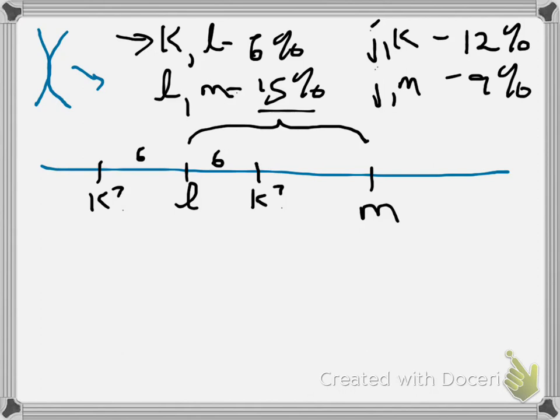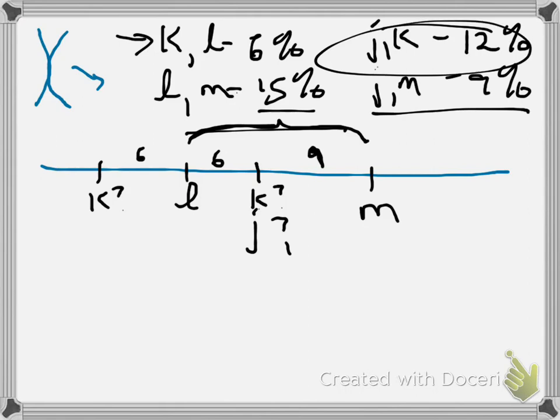Okay. Over here it says J and M are 9 apart. Well, if this is 15 between L and M here, well then that's 9 there. And J would be there, right on top of K, which is not true, because we're told J and K are 12 apart.